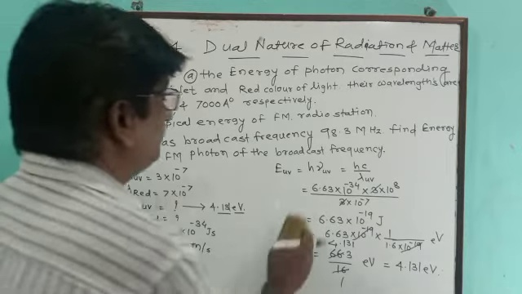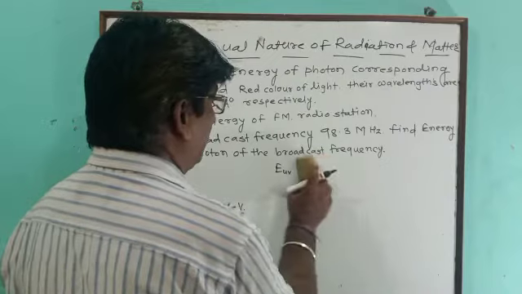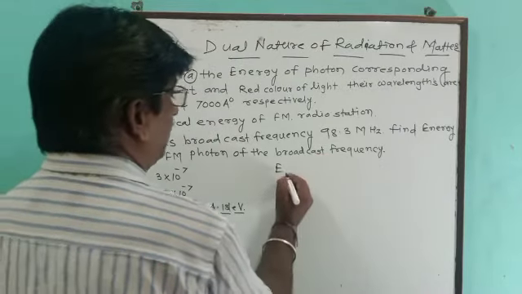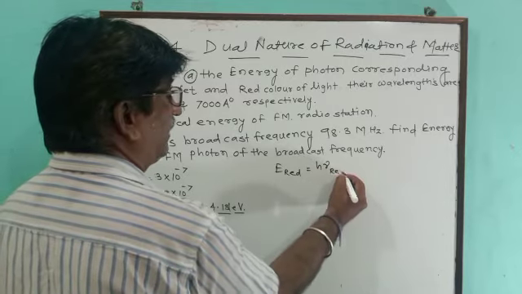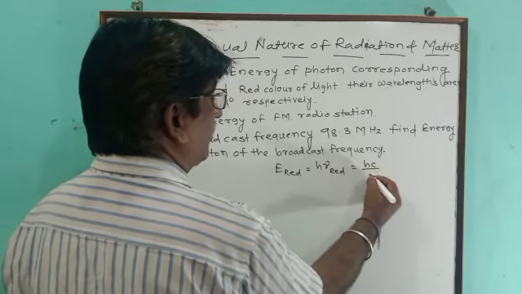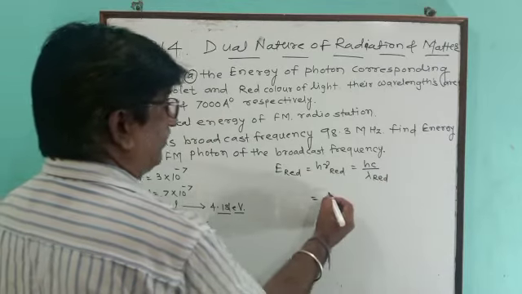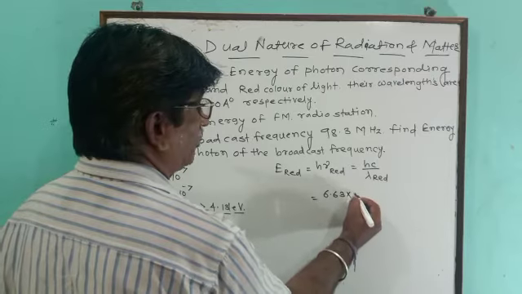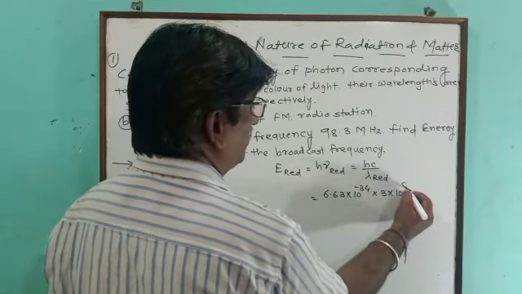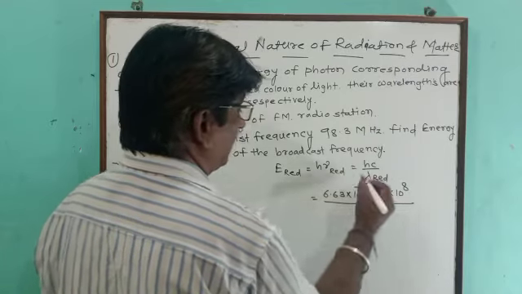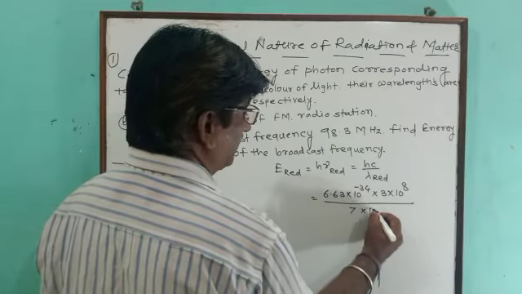Now for red light, energy E for red is equal to h nu for red, that is hc upon lambda for red. So h is 6.63 into 10 to the power minus 34 into 3 into 10 to the power 8, divided by lambda red, that is 7 into 10 raised to minus 7.